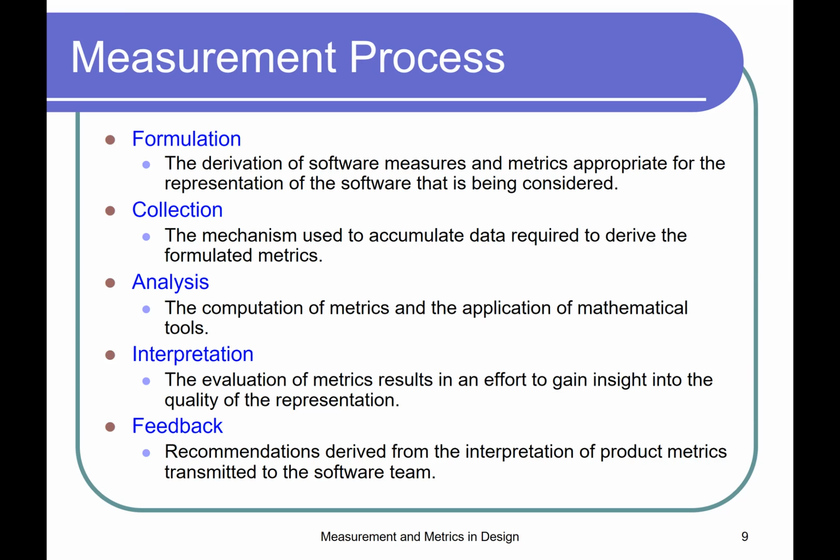So step number one is formulation. I've got to decide what the metric is. What do the numbers mean? So 95 to 100 is good as a mark for your exam. Getting 30% is not good. But I've got to define those in an unambiguous manner.